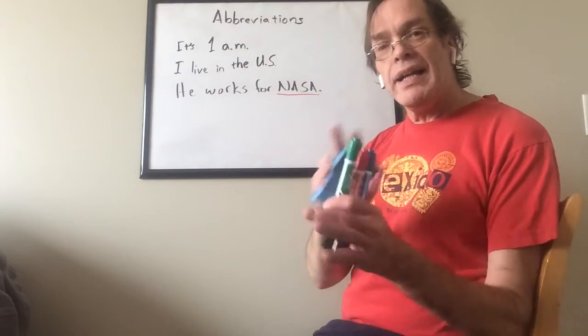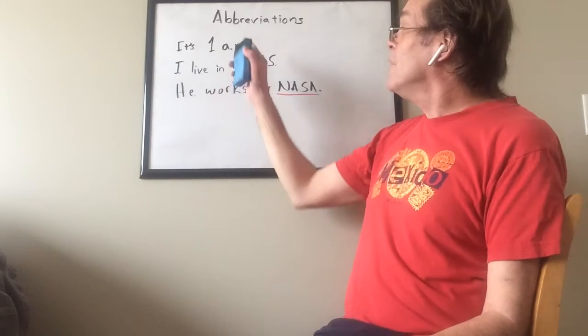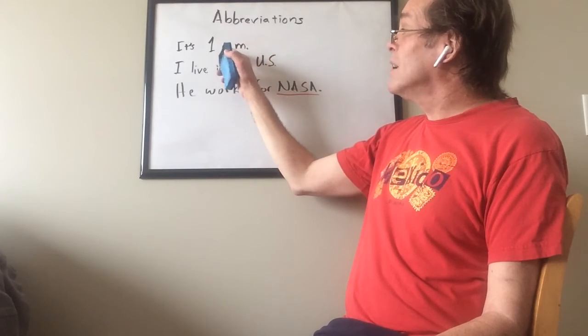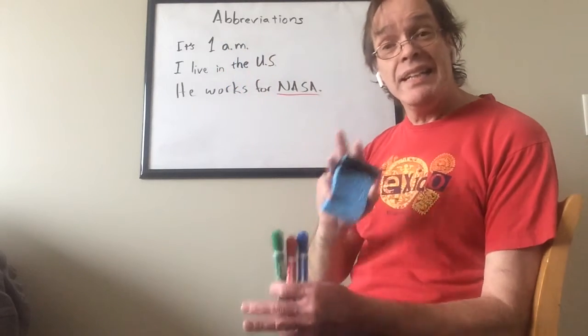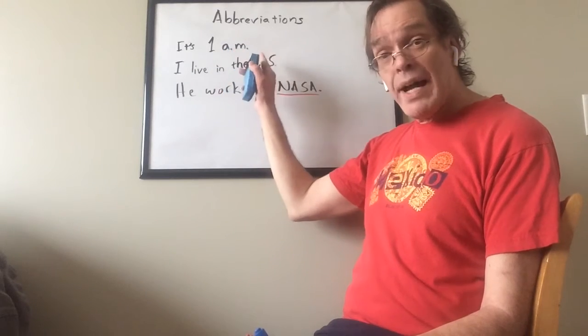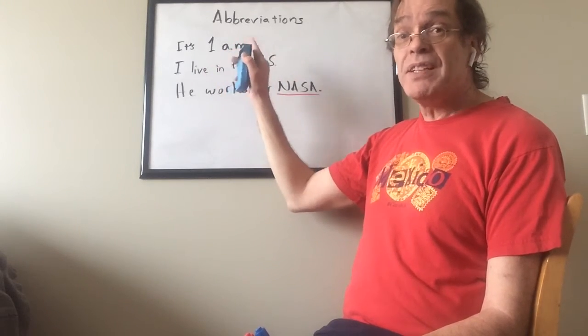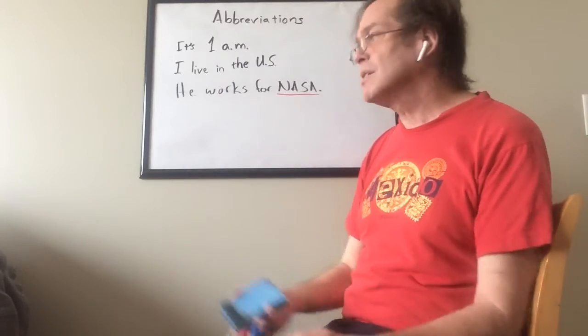And it can be a little confusing because in some cases, if you don't have the periods in a situation like AM, it's difficult to tell if it's the word am or if it's AM. You have to tell from the context of the rest of the sentence.